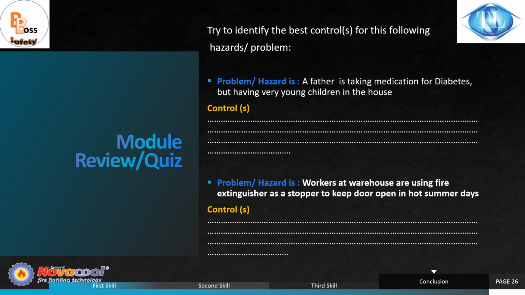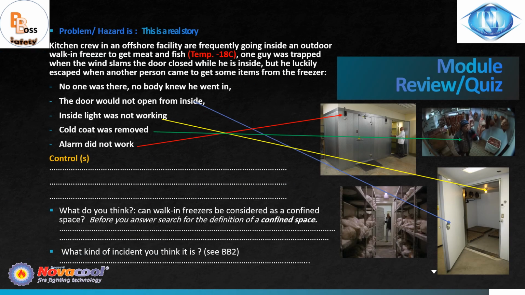And there is no guarantee that if there is a fire, this fire extinguisher will be in good condition. So you must find out what could happen, what is the hazard, and what are the controls to make sure these effects or consequences will not happen. We come to this one.